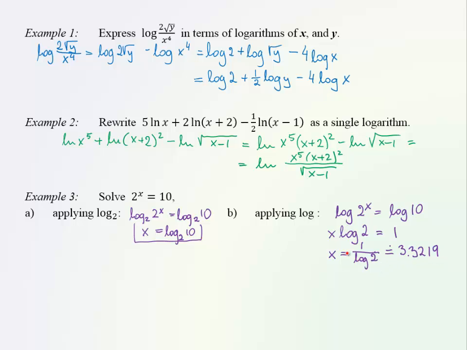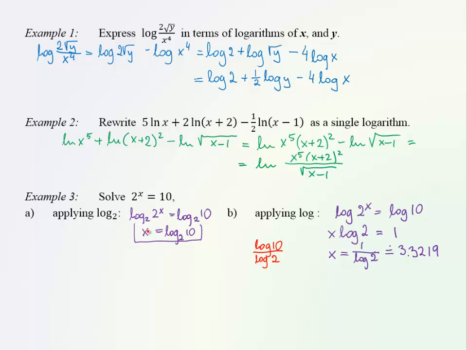Okay, let's look at our two solutions. How did we evaluate x on the right hand side? This one was really the same as log 10, so we've got log 10 divided by log 2. Both of these expressions we are able to evaluate using our calculator. We have the button of log, so plug it into the calculator. Instead of 1 over log 2, write down log 10 divided by log 2.